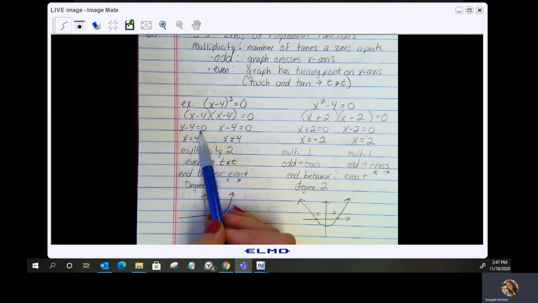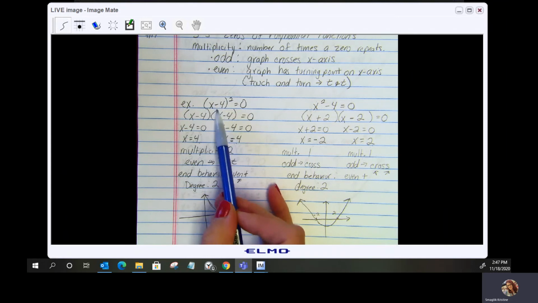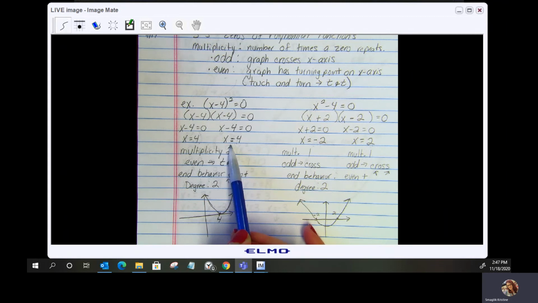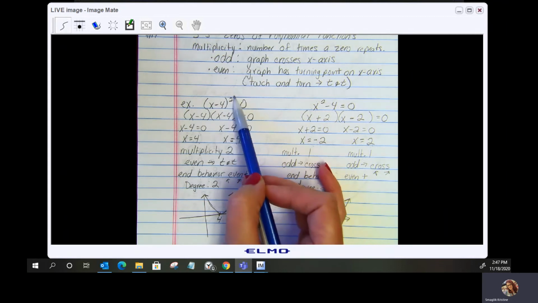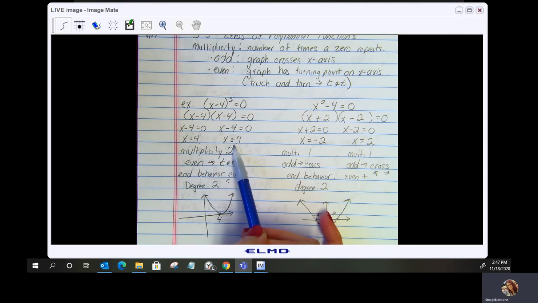And then we can go ahead and use our zero product property and solve for x. We have two zeros here, x equals 4 and x equals 4. Because you see 4 appear twice, we'd say it has a multiplicity of 2.